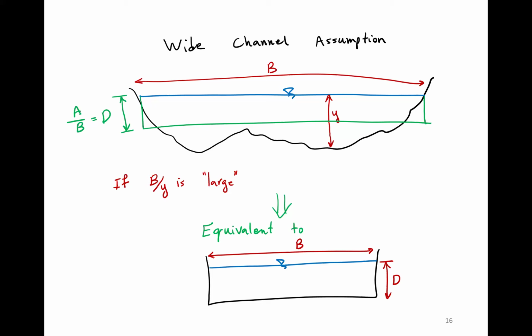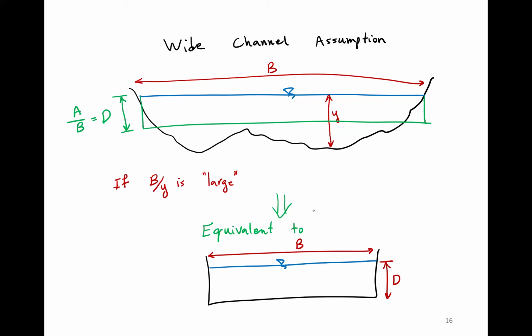I can use a depth that gives me a rectangular channel area equivalent to the area of the original non-rectangular channel. In other words, that's the definition of the hydraulic depth: an area that has a depth of D, capital D, which is the hydraulic depth.